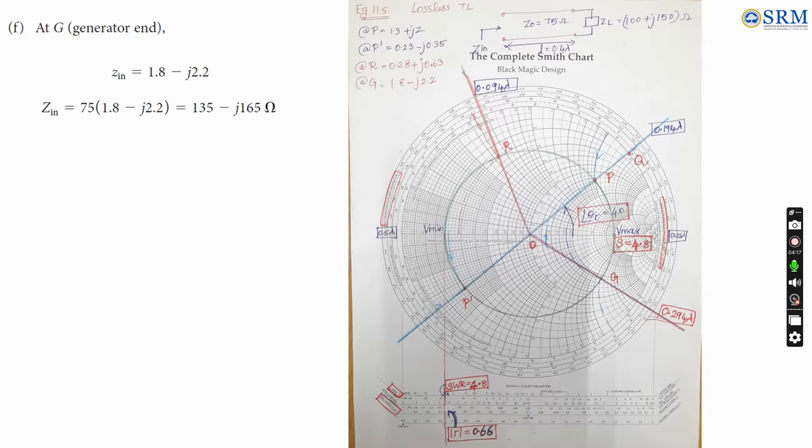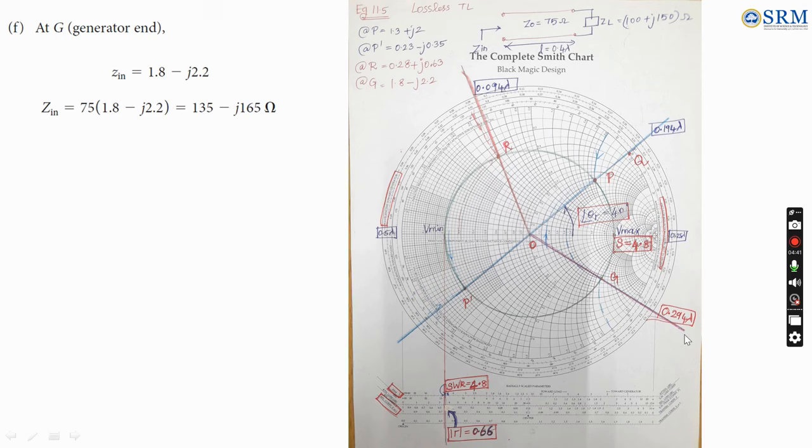The final task they have asked is to find the input impedance when the length of the transmission line is 0.6 lambda. So already we have found this location, right? If we add 0.6 lambda to this particular load location, we get 0.794. Subtract 0.5 from that, we get 0.294. 0.294 is available here.